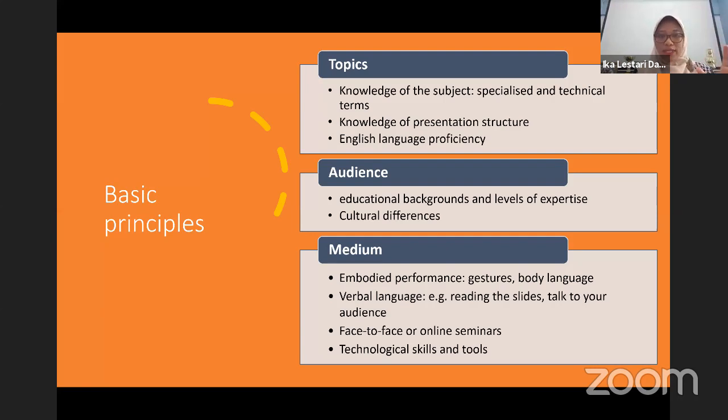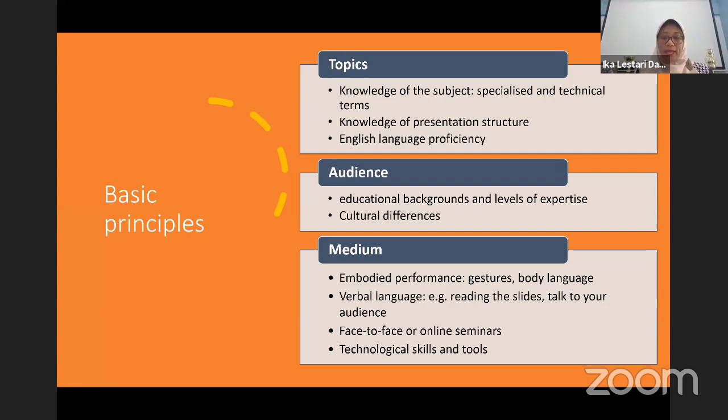A different kind of audience can also influence the language choice that you want to use in your presentation. And cultural differences can also impact the choice of your language use.